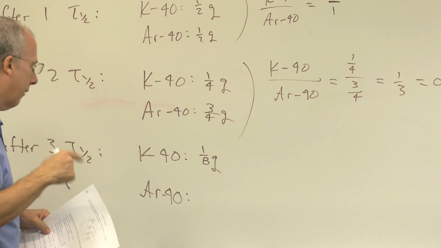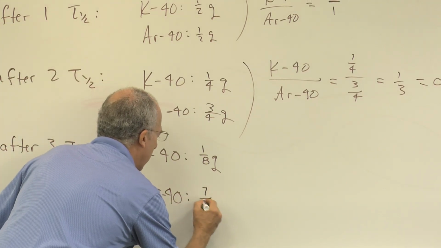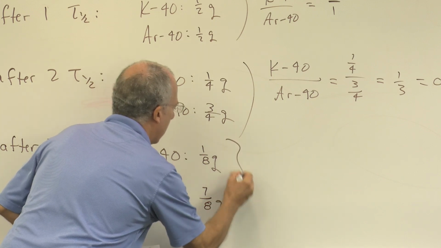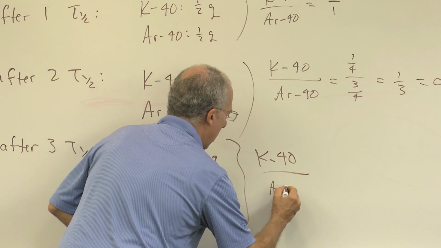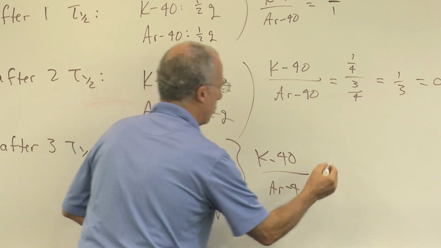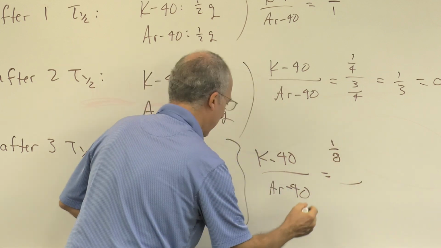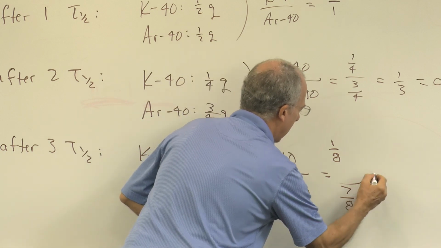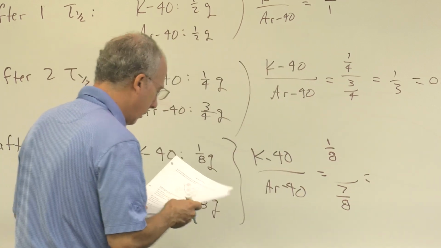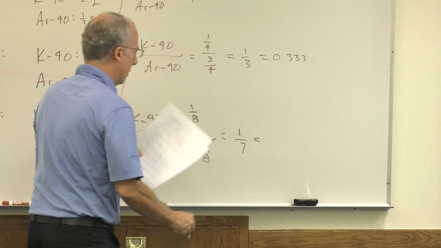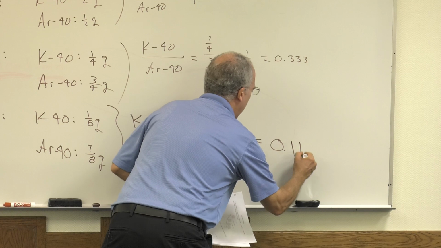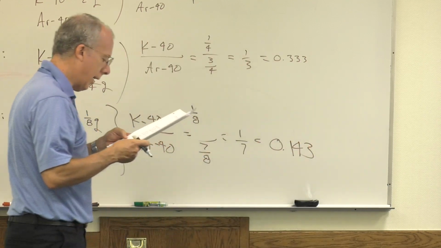Then we get another 1/8, so we have 7/8 of a gram. So the ratio K40 to argon-40 is 1/8 divided by 7/8. And that's what? 1/7, which is 0.143.